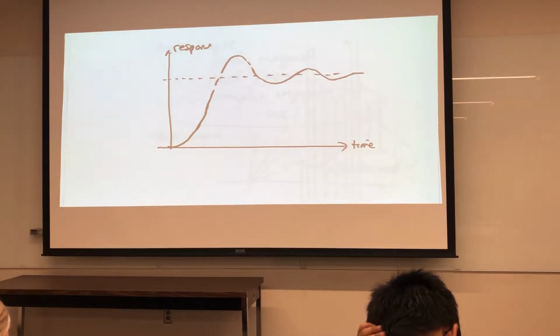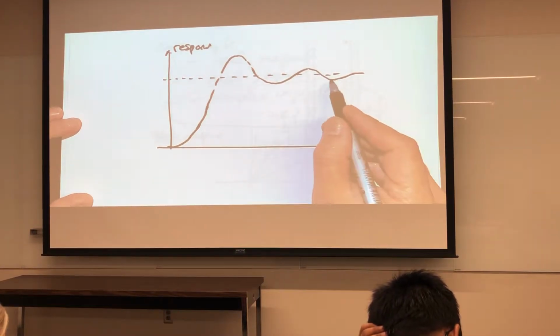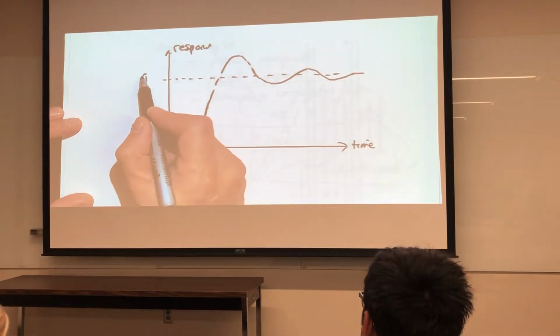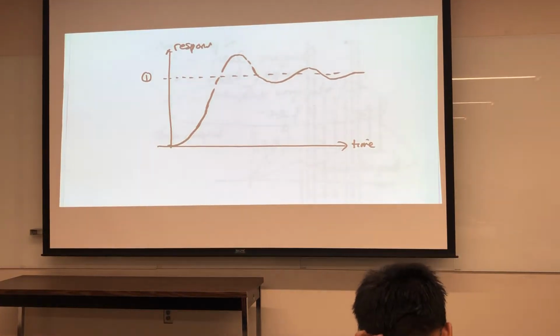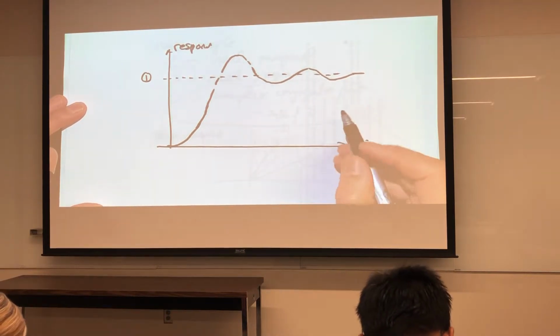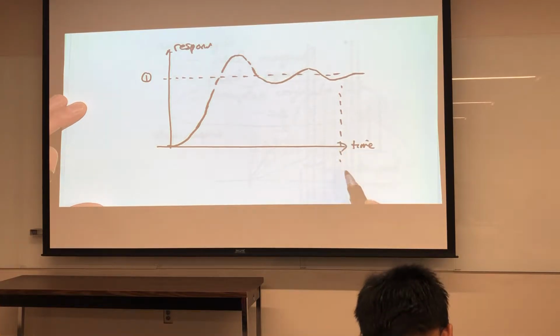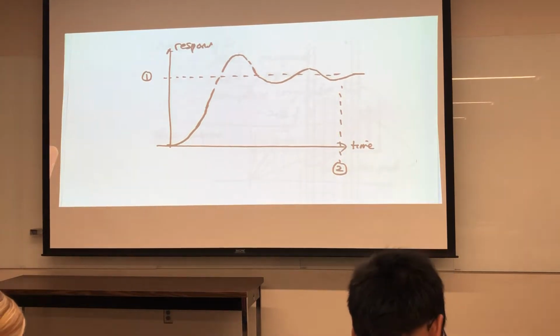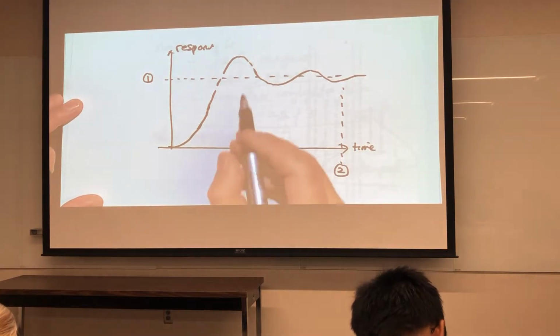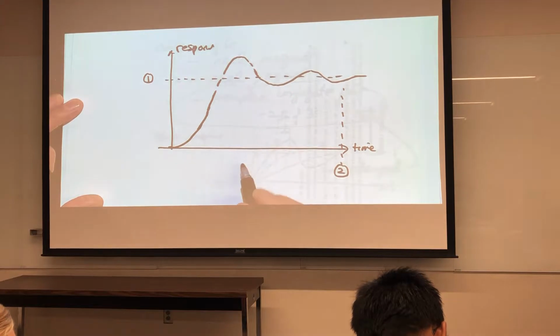Okay. So we're going to be interested in knowing what the final value is going to be. We're going to be interested in seeing how long it takes for things to settle down again. I'll call that item 2. We're going to be interested in determining how much time it takes to get to the first overshoot.